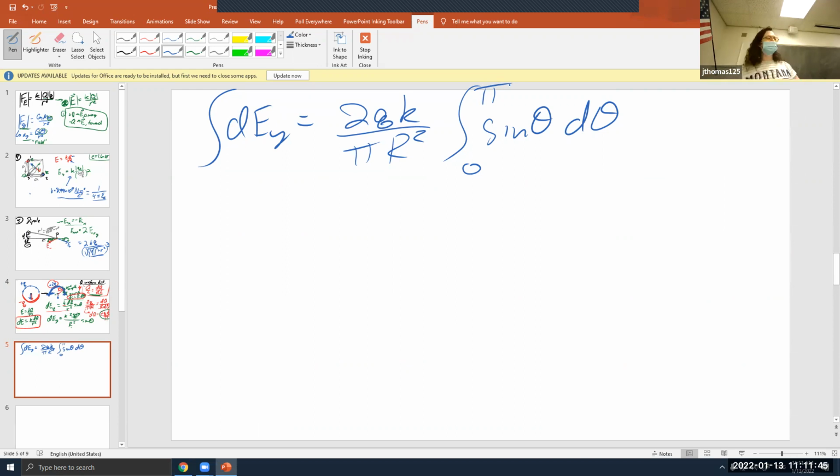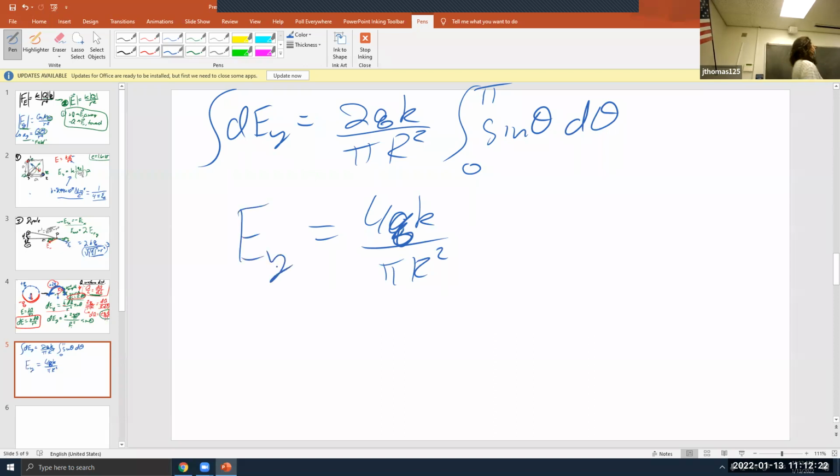Negative cosine, and then negative cosine of pi is -1 minus negative cosine of 0 is +1. -1 minus 1 gives you -2, right? No, it's negative cosine, so there's another negative in the front. Anyway, you end up getting 2. I trust everyone can do the integral there, but your total will be 4qk over pi r squared. All right, not a crazy integral, which is more than I can say for some other problems we're going to do.